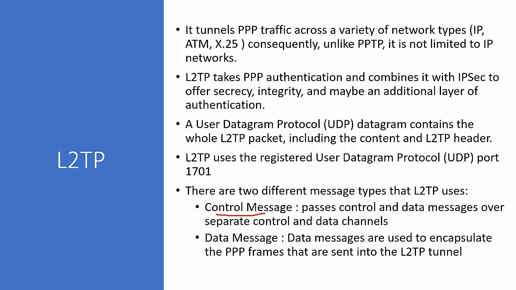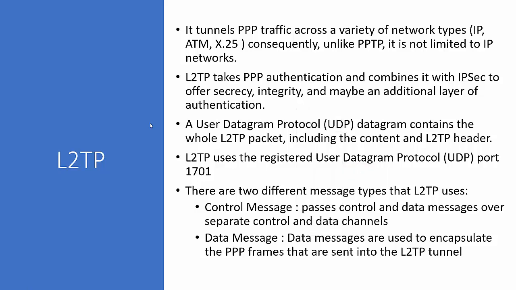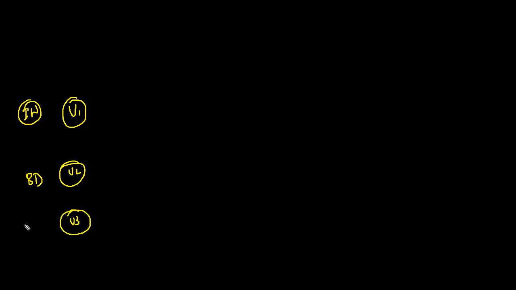So if you ask me about the overall hierarchy of VPN, RADIUS, and IPsec, let me explain that also, and then we'll discuss some coffee shots. Now, if you take a scenario here, we have user one based out of India, user two based out of Bangladesh, and user three based out of Sri Lanka.